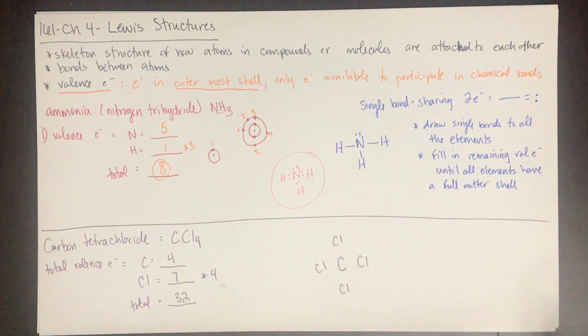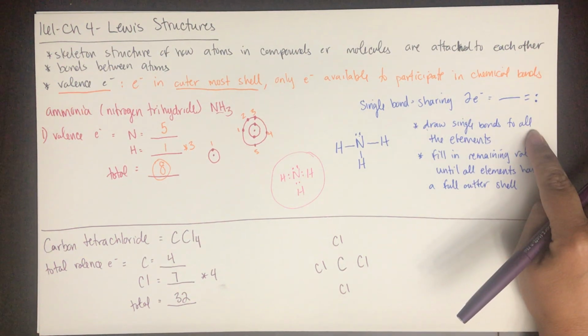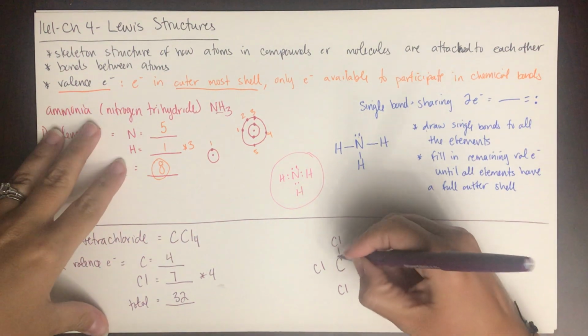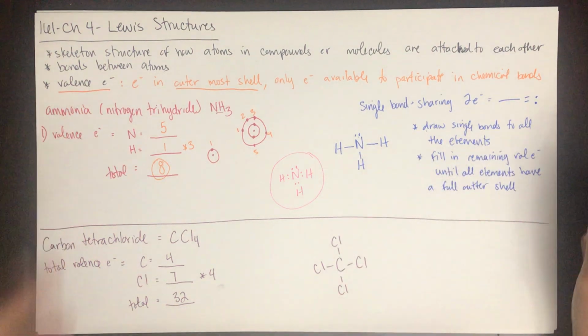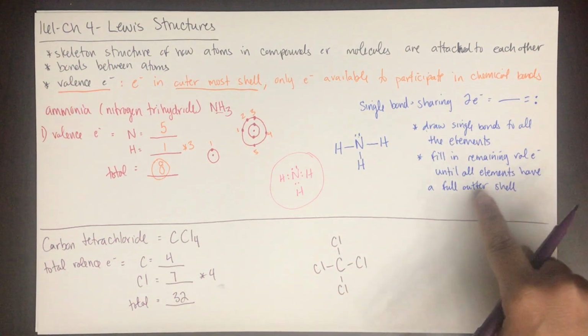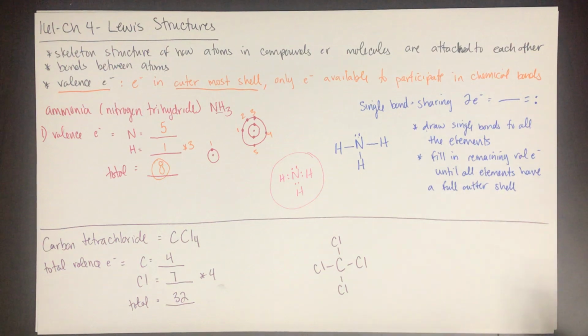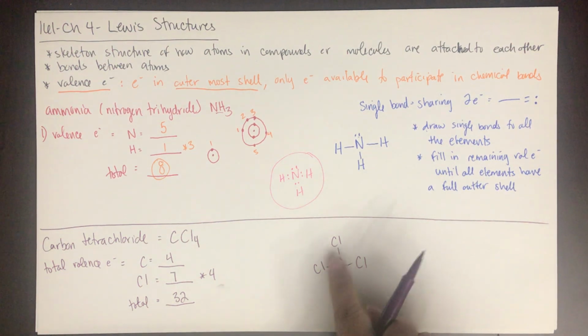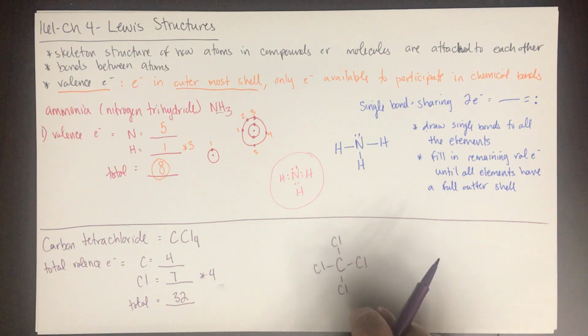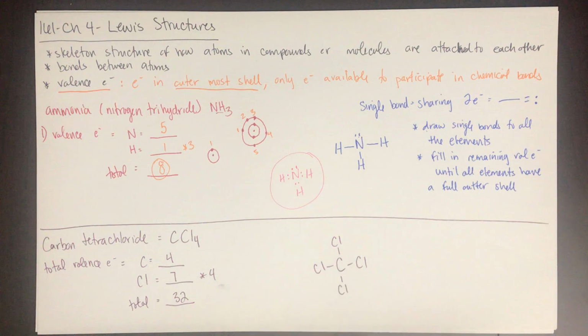So now the next thing you do is draw a single bond to all the elements. And then you fill in the remaining valence electrons until all the elements have full outer shells. So right here, just drawing the bonds from the central atom to the outside atoms, I've used up 2, 4, 6, 8 of my total 32 electrons.